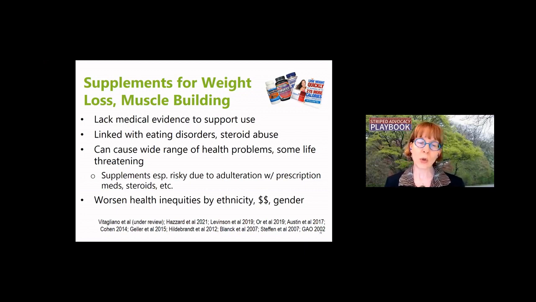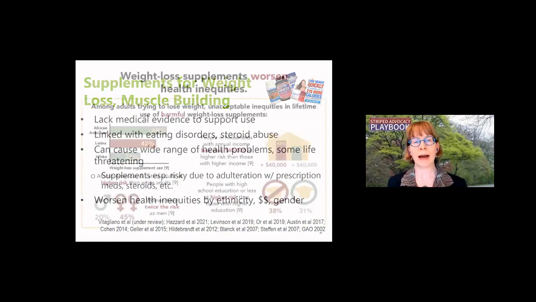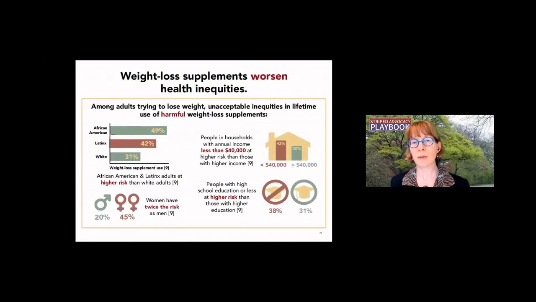Now, they also worsen health inequities, and I'm going to tell you a little bit more about that. These products are deceptively marketed. They tend to not be too expensive, and the deceptive marketing is targeting communities of color and low-income communities, and certainly targeting by gender. We find that for weight loss supplements in particular, in African-American communities and Latinx communities, we see much higher rates of use than in white communities.